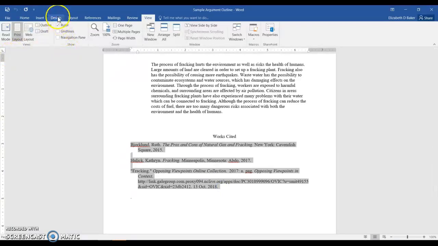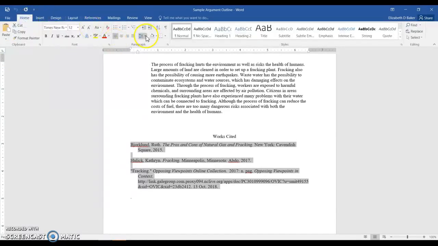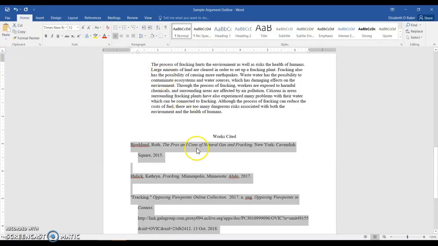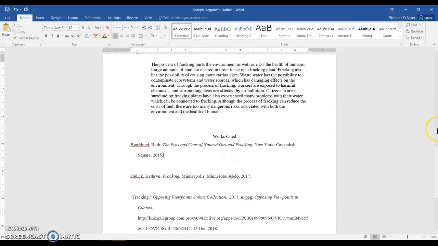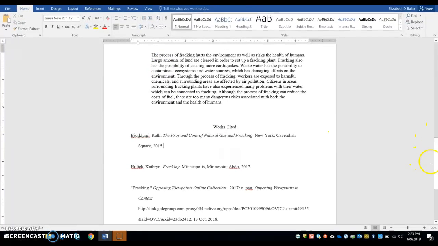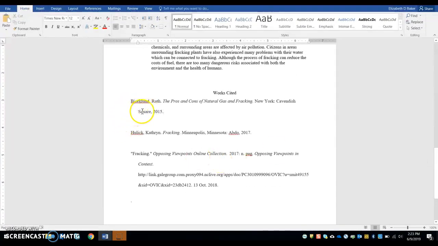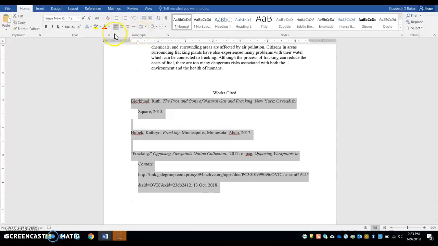So we will come up here to home, paragraph, and we'll come down to double space. So always make sure that we double space here. And you can see that she has her hanging indents, and I can show you as well how to do that.